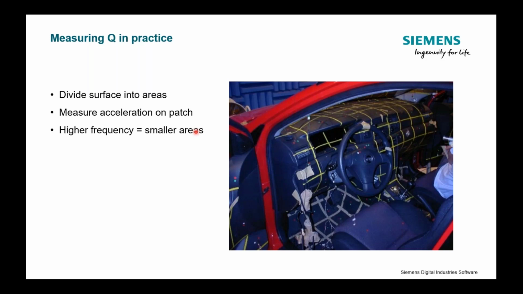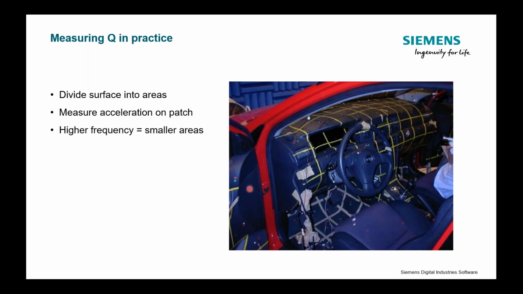So in this picture, I'm looking at an automotive instrument panel that's broken down into different areas. I could then put an accelerometer in the middle of each of those areas and come up with an operating Q for this vehicle under some load condition. And I would understand which areas produce the most sound or the most acoustic force. So I divide my area into smaller patches, and measure an acceleration in there.